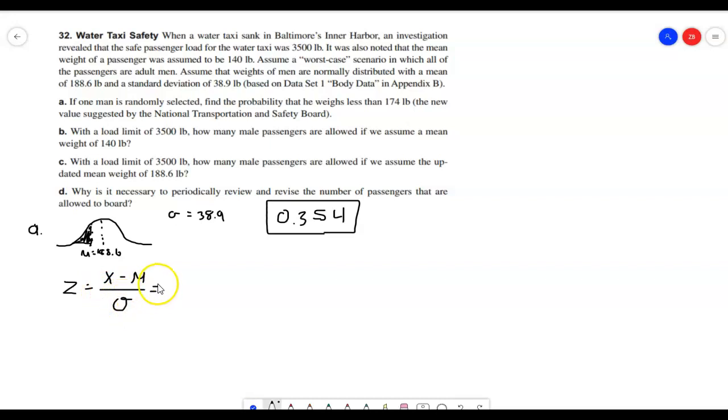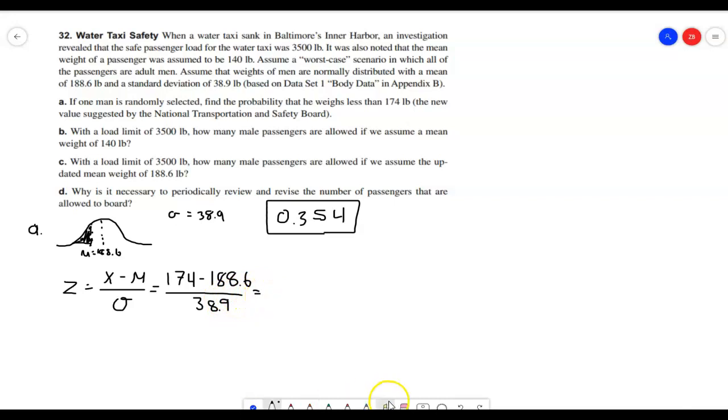So that would be our data value, which is 174, minus the mean, which is 188.6, divided by our standard deviation, which is 38.9. So we have to convert it first to our standard normal distribution.